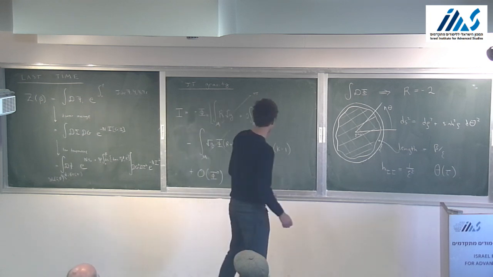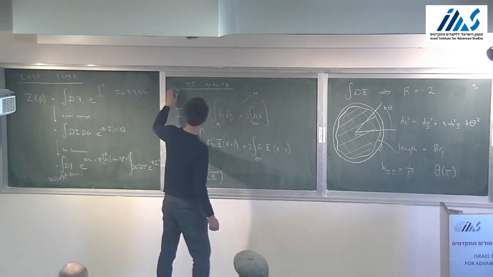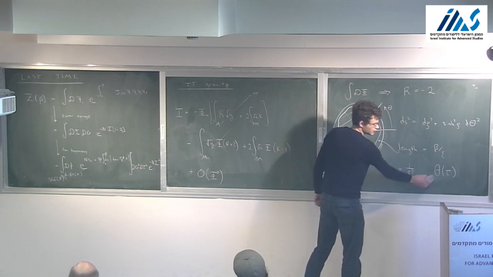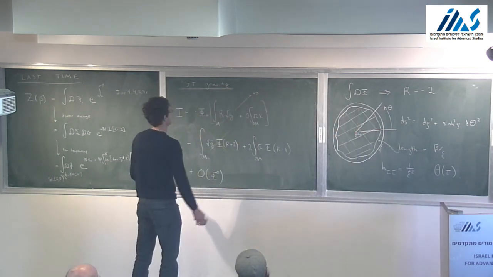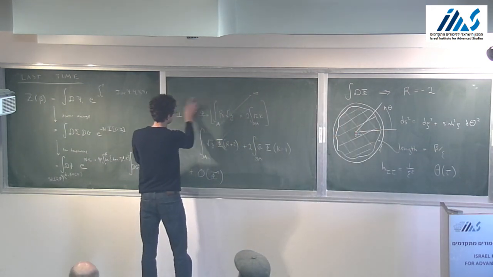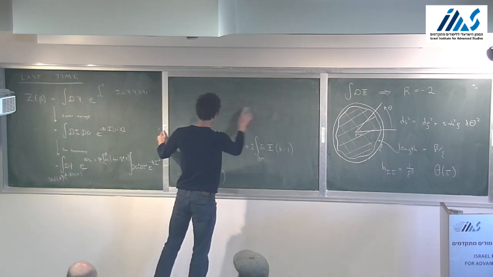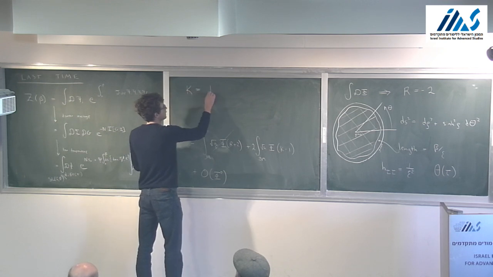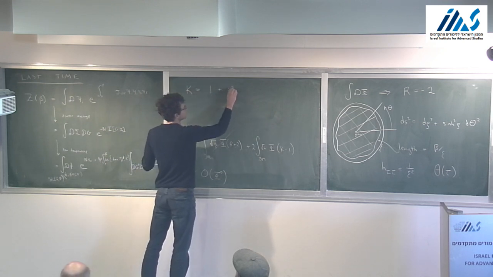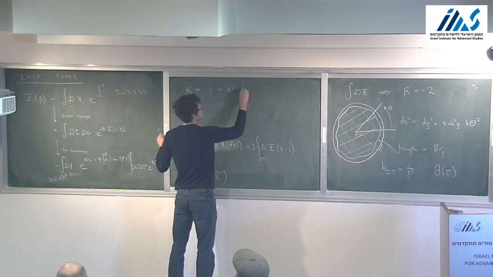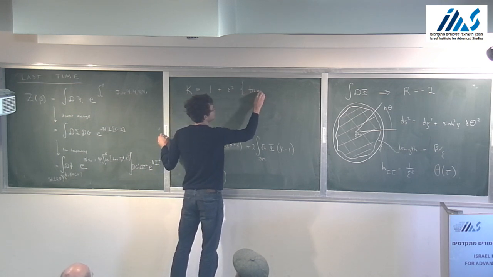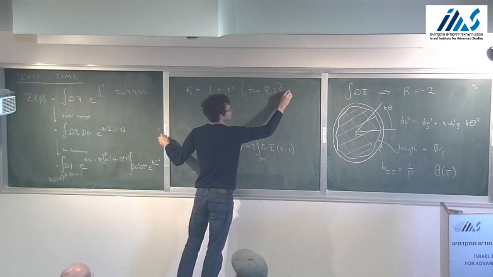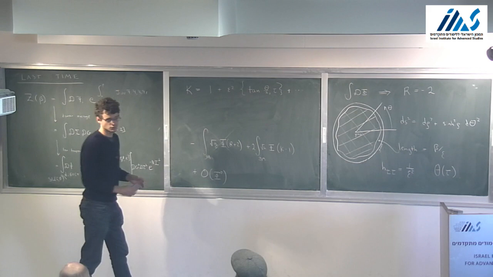And you can work out the extrinsic curvature for this boundary as a function of the integration variable theta of tau. What you find is the extrinsic curvature is equal to 1 plus epsilon squared times the Schwarzian derivative of tangent theta over 2 with respect to tau, plus higher orders in epsilon.